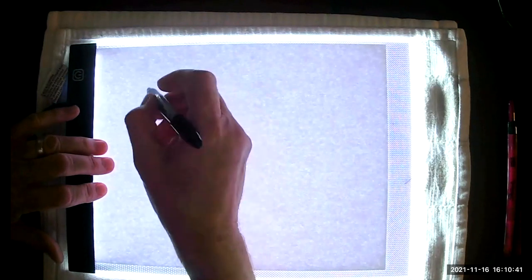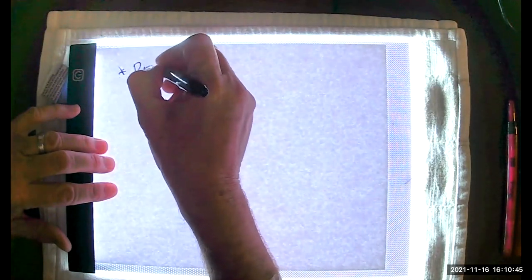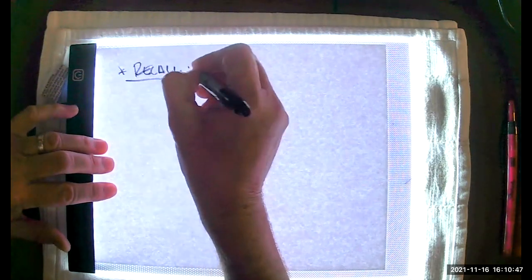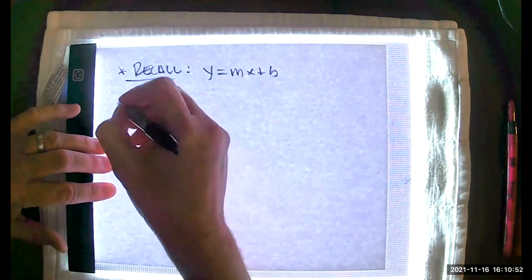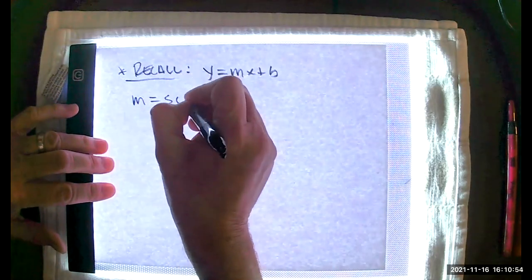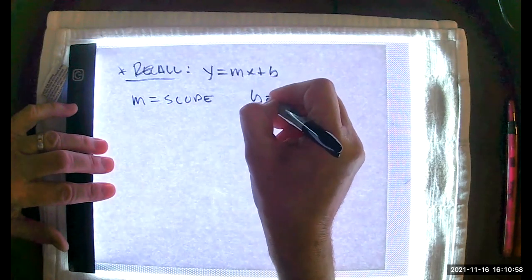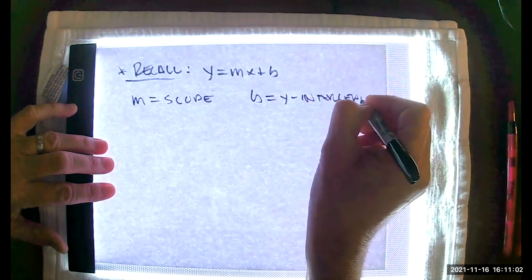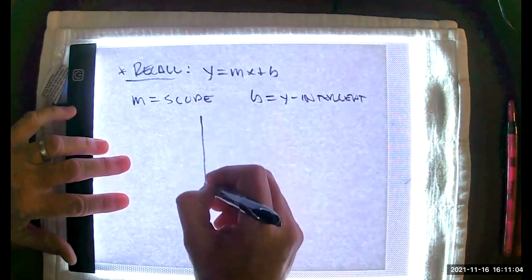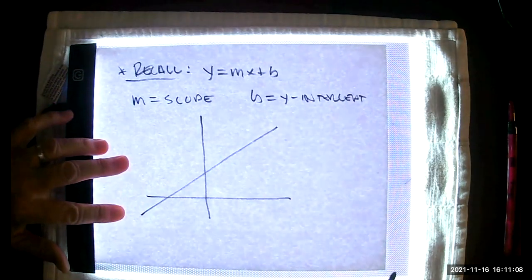I'm going to remind you of the notion of y equals mx plus b, where m is equal to the slope of a straight line and b is equal to the y-intercept. You'll remember graphing these kinds of lines in your algebra class.